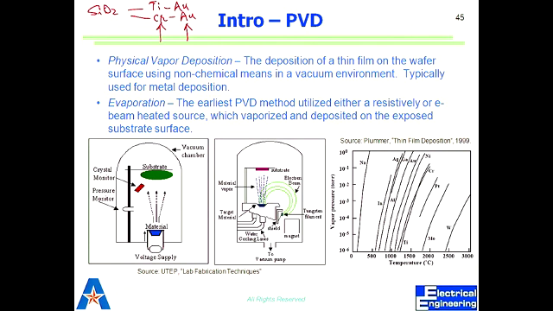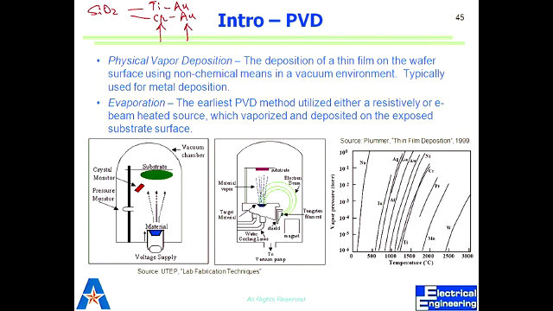It's a bell-shaped jar. Put it down, and of course, we clean the seal and everything, and then we pump it down. Once it gets pumped down, we have placed our wafer already inside at the top, and we have a crucible, which is a small dish that holds pure metal material.